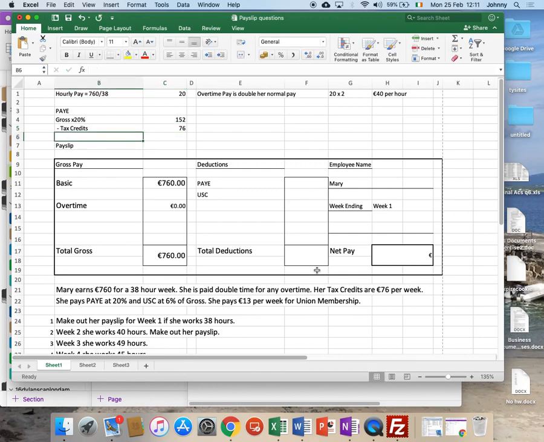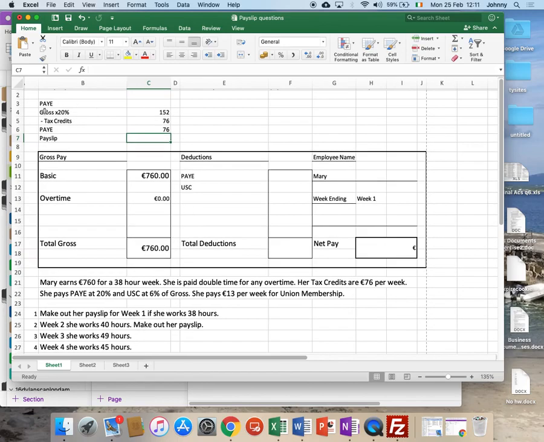So when I take the 2 of those away, I get PAYE. Is it okay with that? Yeah. Okay. Go through it again, how I got that. So up here, my PAYE, I got my gross pay, which is 760. I multiply by 20%, and that gives me what I should be paying in tax. Take away my tax credits, and what's left is my actual PAYE. So my PAYE goes in here, 76.